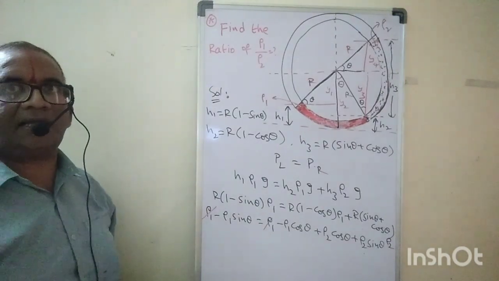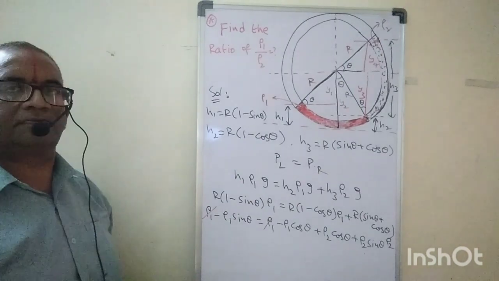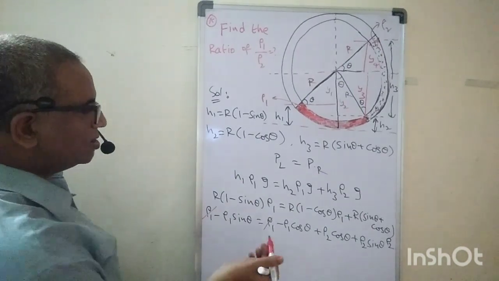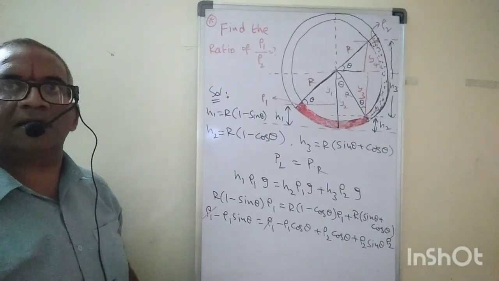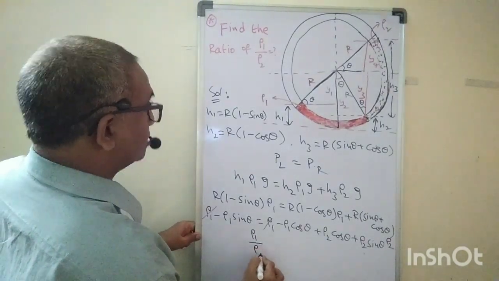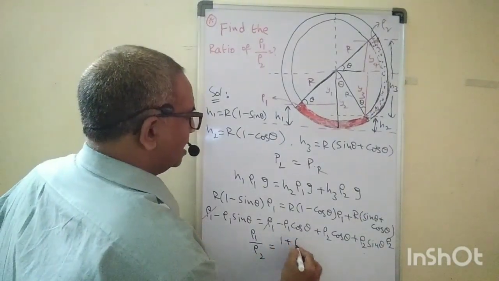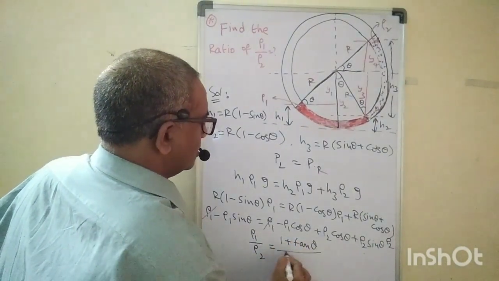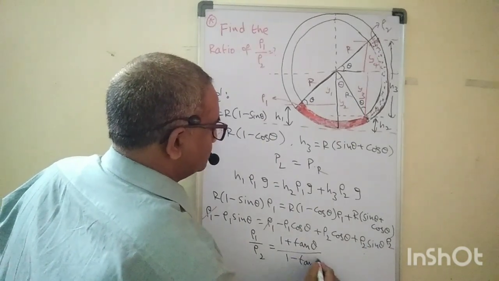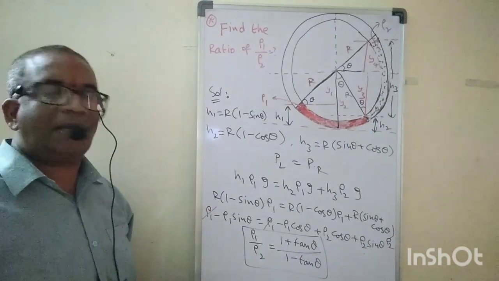Now what is the target here? The target is to find rho 1 by rho 2. You can do the simplification very easily. It's nothing but rho 1 by rho 2 equals 1 plus tan theta by 1 minus tan theta.